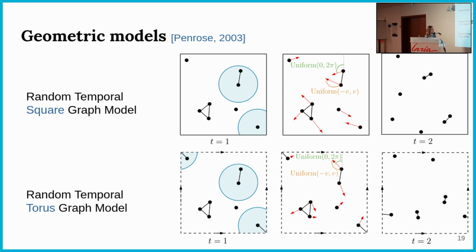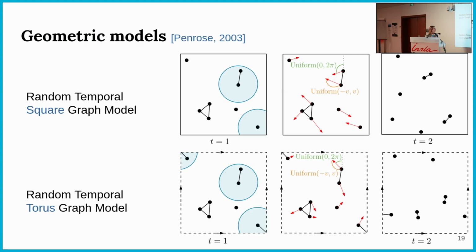We considered other models, in particular geometric models. The first two that we considered were the random temporal square graph model and the random temporal torus graph model. These two graph models are constructed in a similar way.